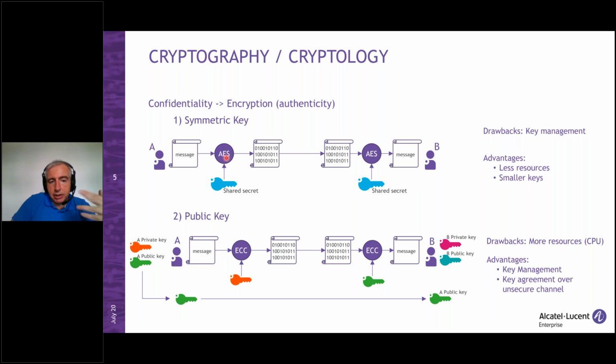So we do, in this case, a cipher by block, with AES, the Advanced Encryption Standard, and then I generate a sequence of bits coming from this message. This sequence of bits is sent to the destination, and the destination will be able to decrypt this information and recover the original message.